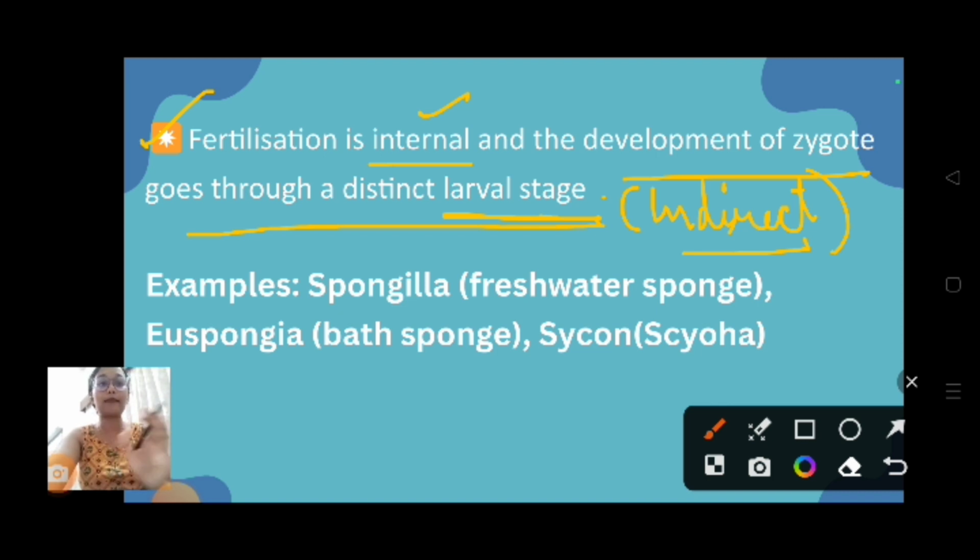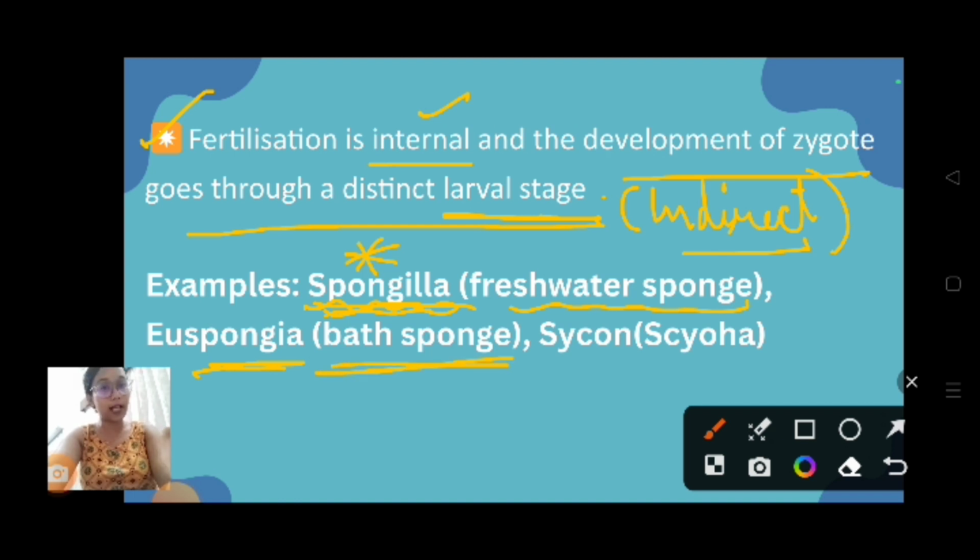Now let us see some examples. This question has come many times in your entrance examinations: which sponge is known as the freshwater sponge? Spongilla is known as the freshwater sponge. Just remember, Spongilla.